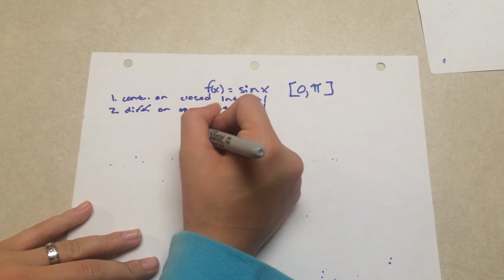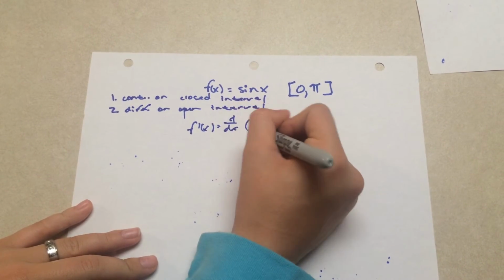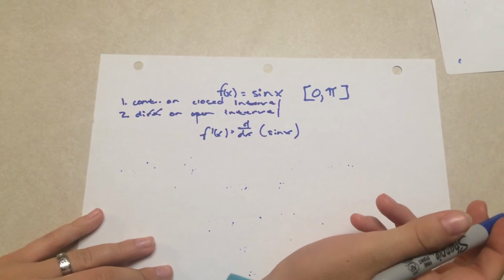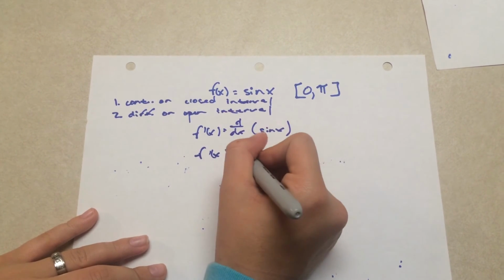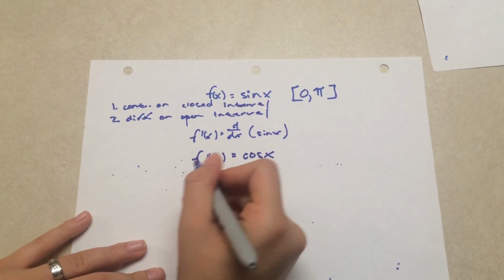So f prime of x equals the derivative of sine x. And we know that the derivative of sine is cosine. So f prime of x equals cosine x.